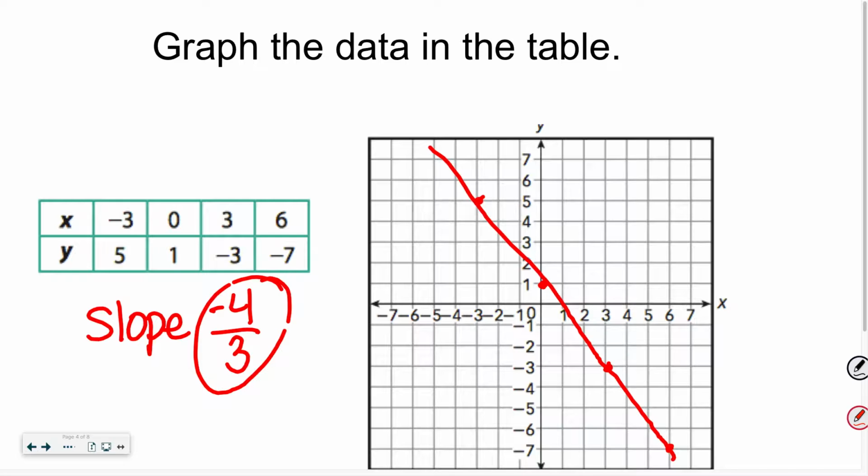Direction. It's moving down. Okay. But if we started out at this point, let's say we want to start at -3, 5. How are we moving to get to the next point on our line?